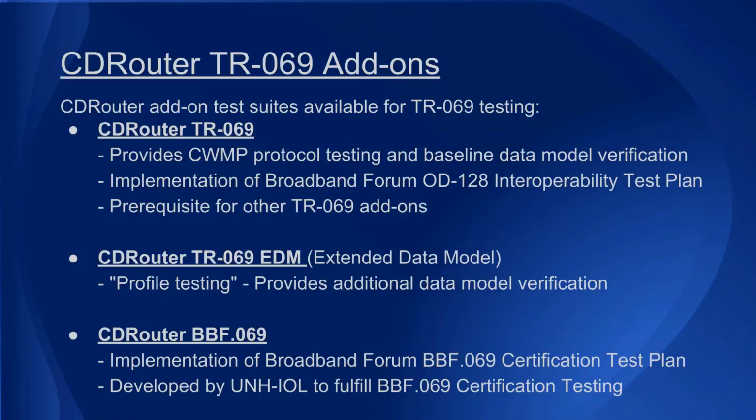Included in that is the OD128 interoperability test plan. This was developed by the Broadband Forum during the development of the TR69 protocol suite, including CWMP. It covers basic functionality of the CWMP protocols, such as connecting to the ACS, authenticating with the ACS, handling basic requests for getting the parameter values and the parameter names, and doing set requests.